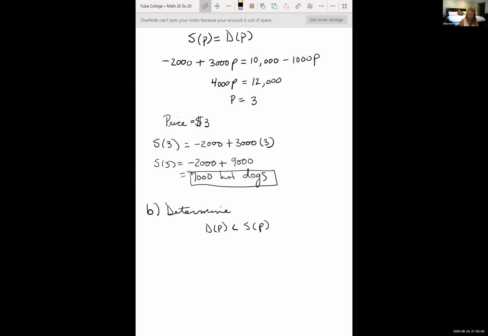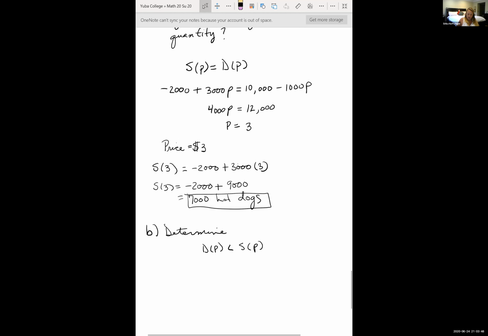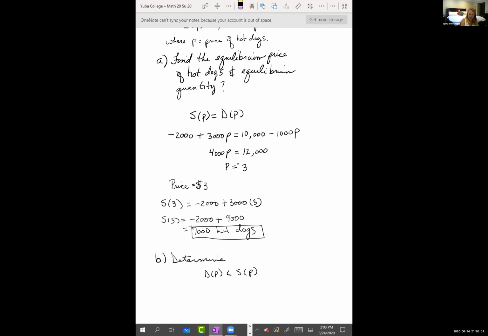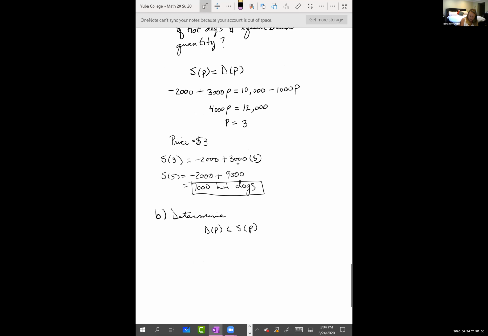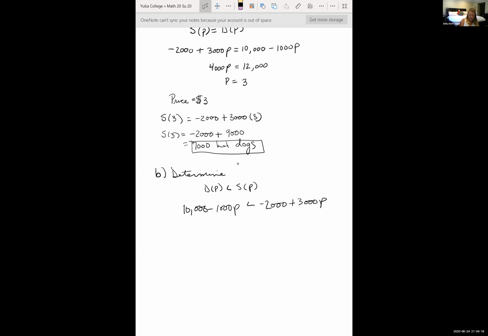We pretty much did this, except that it wasn't with an inequality sign, and our equations were on other sides. So if I had rewritten this, it's basically 10,000 minus 1,000 P has to be less than negative 2,000 plus 3,000 P. We had moved things so that our P was on this side, and we had gotten 3.